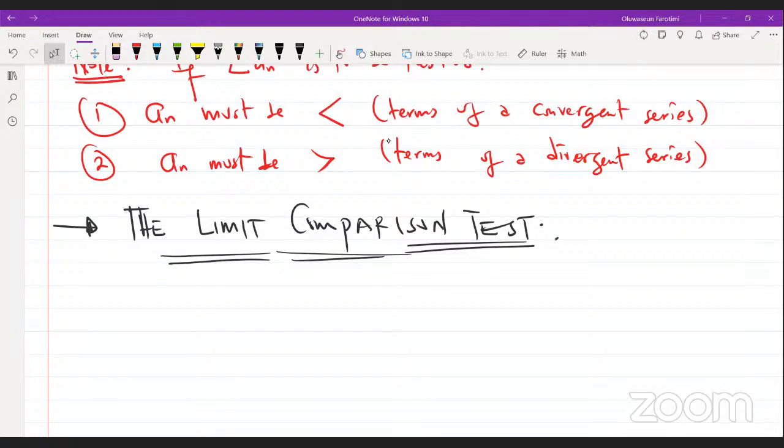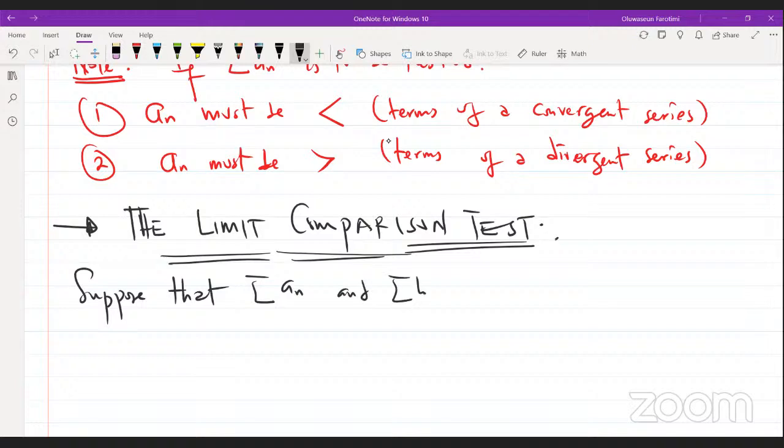Now, what is the statement of this test? Suppose that the series of an and the series of bn are series with positive terms.